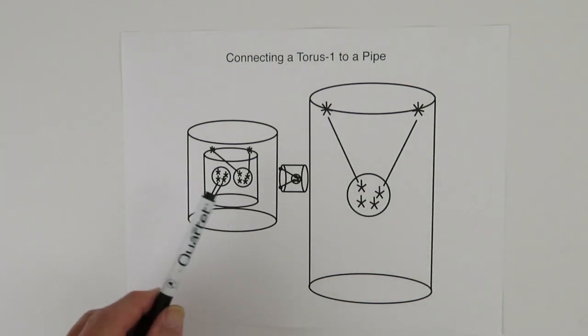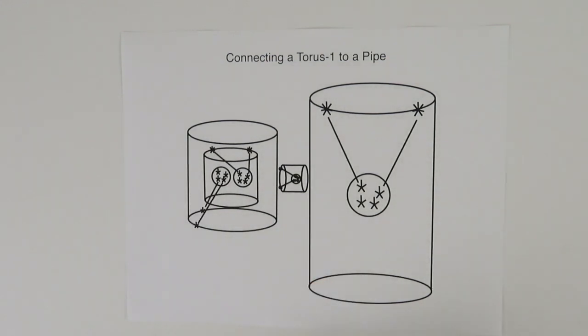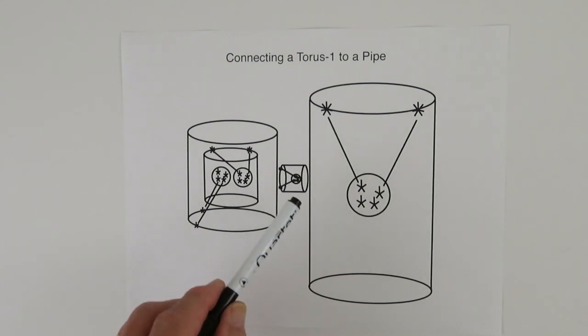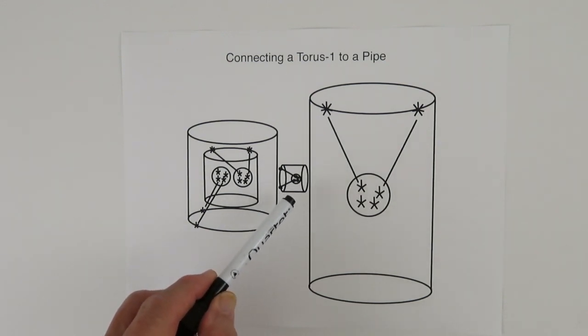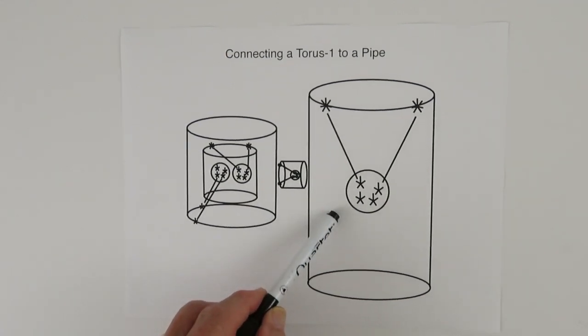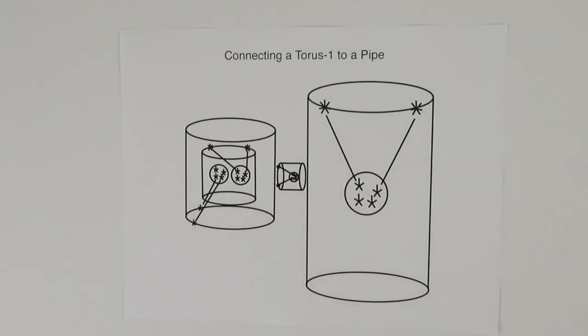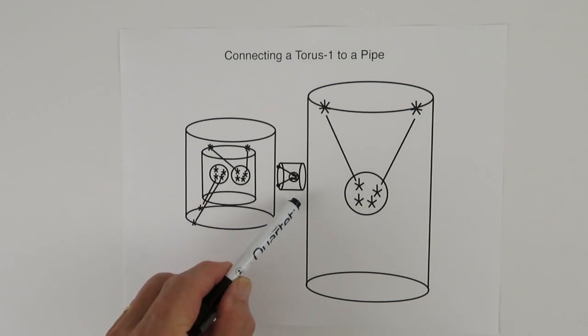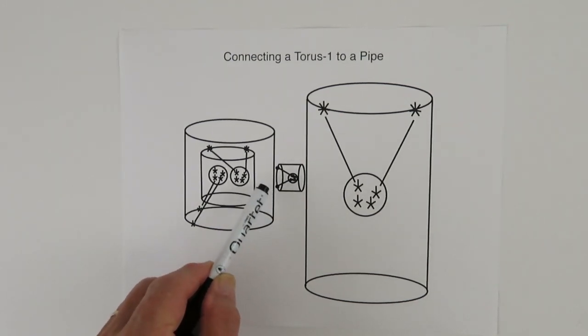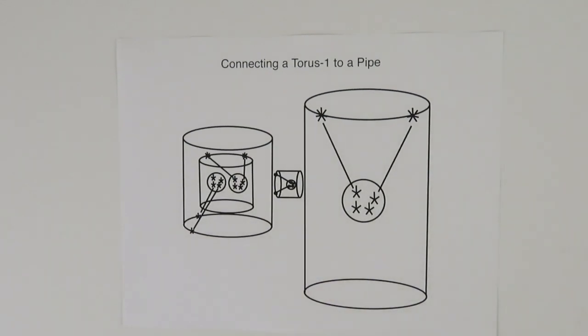But now let's discuss the question of how you would take this torus and connect it, let's say, to a pipe. I mentioned before that you need, I showed in the structure, a pipe connecting the torus one to a pipe, and that would induce an EDS also of 12, a toroidal EDS, because it's a toroidal pipe that connects the surface of the torus to the surface of the pipe.